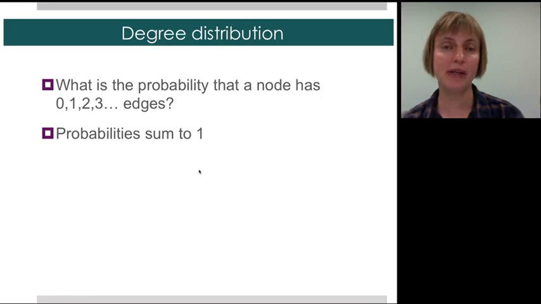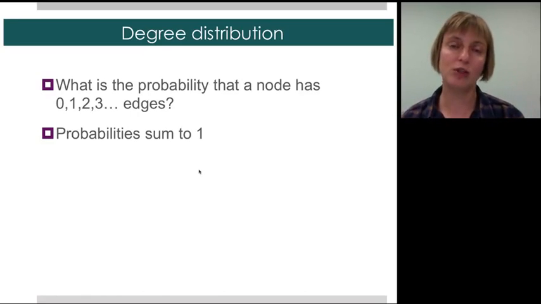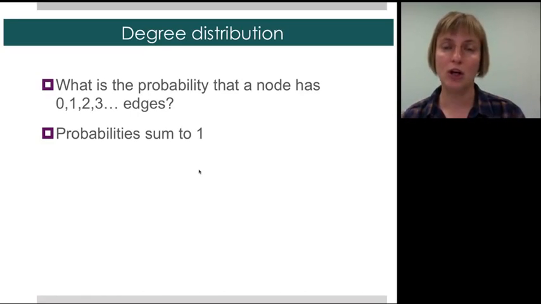What is the probability that a node has degree 0, degree 1, degree 2, and all of those probabilities have to sum to 1. And by looking at the shape of that distribution, we can tell whether nodes tend to have approximately the same degree with some random variation, or whether perhaps there are some outliers that have degree much higher than others.